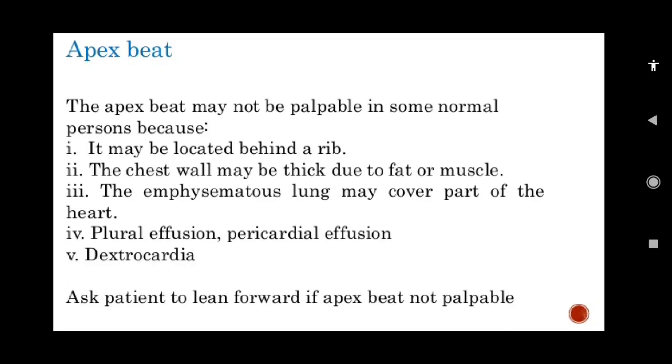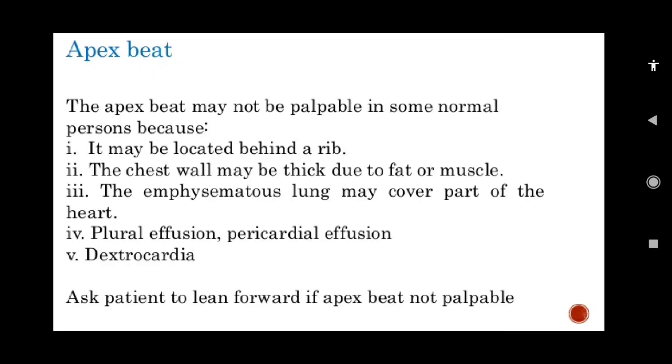Remember this: the apex beat may be located behind a rib, the chest wall may be thick due to fat, that is in obese people, emphysematous lung may cover part of the heart, pleural and pericardial effusions, and dextrocardia, which means shifting of the heart.